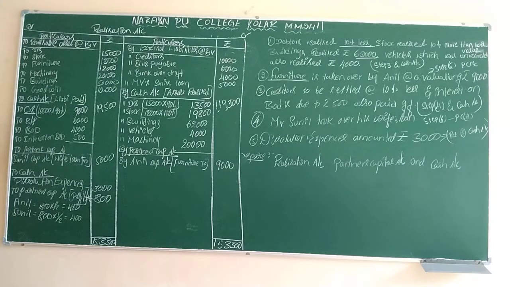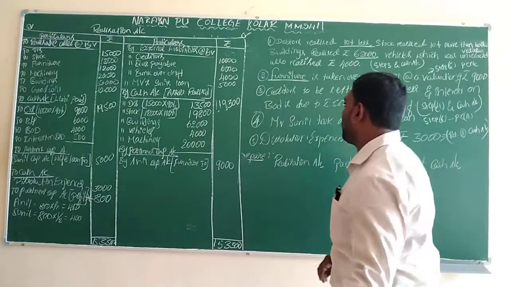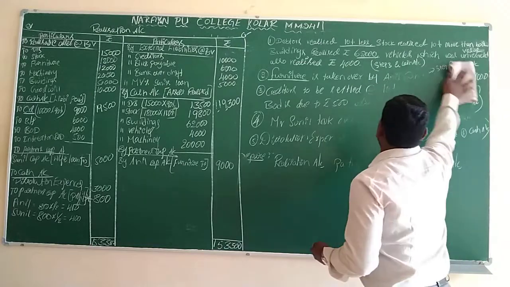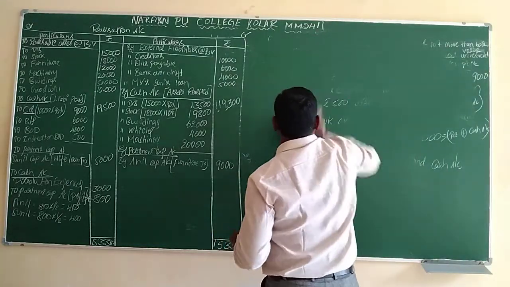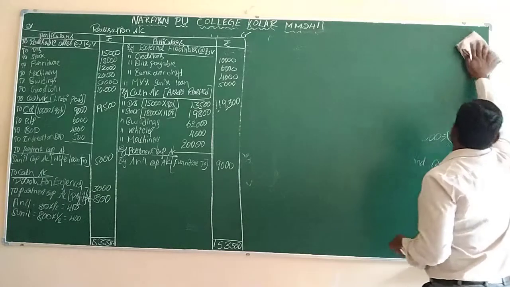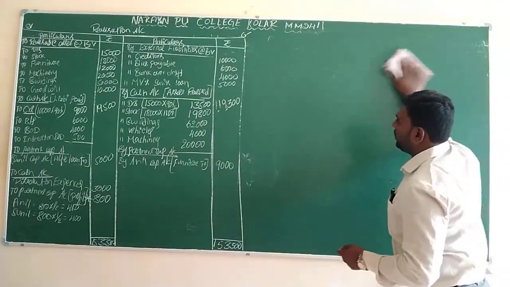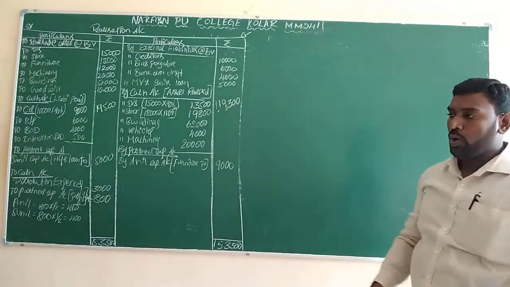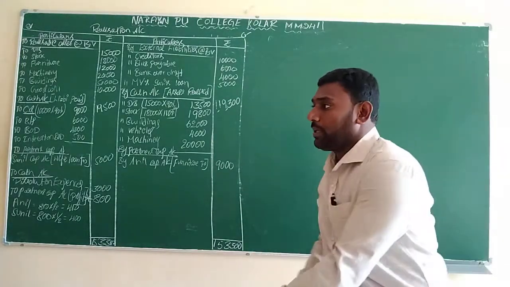So totally friends, my dear students, we have completed the process of account number 1. Let's move to the process of account number 2, that is preparation of partners capital account. Let's move to preparation of the partners capital account by drawing the columns. Everyone must draw the columns in your classwork related to the partners capital account. The details are also available in our balance sheet. The entire transaction details are given. Based on that we move to preparation of the partners capital account.